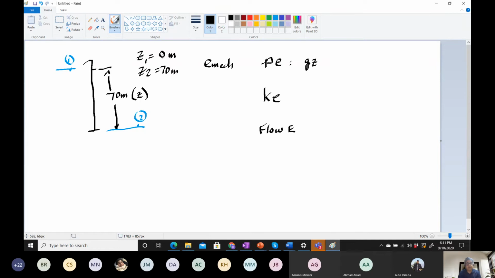So our starting point is 0 meters. This is where we zero our ruler, and then we go down and measure 70 meters down. Therefore, the change in potential energy, which is what we're after, is equal to g times Z2.